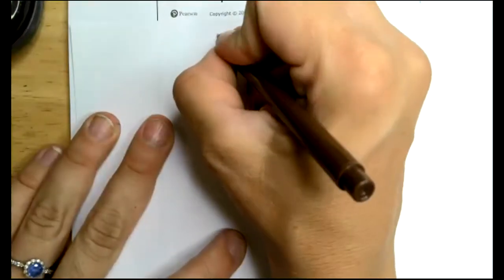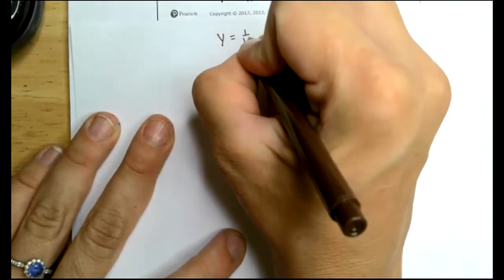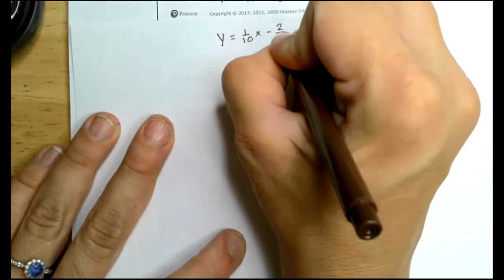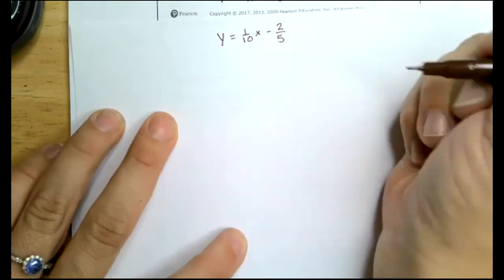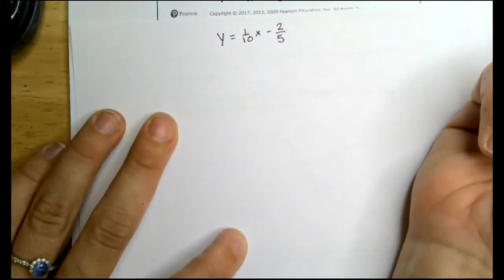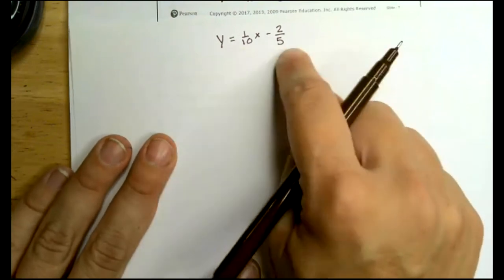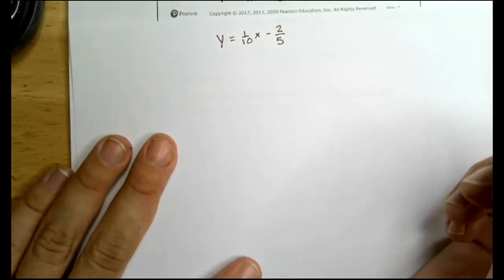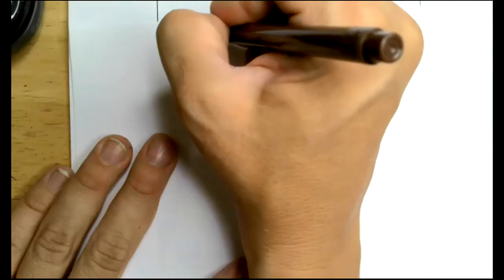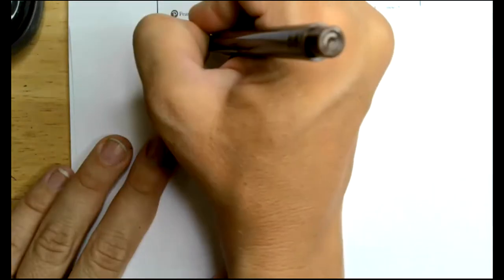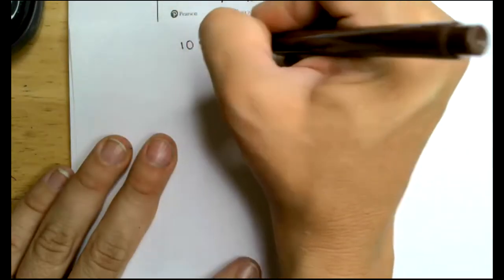So what I have is y equals 1/10 x minus 2/5. And I want to get rid of some of these fractions, right? What is the least common denominator between 10 and 5? It would be 10. So I'm going to multiply everything by 10 to get rid of these fractions.